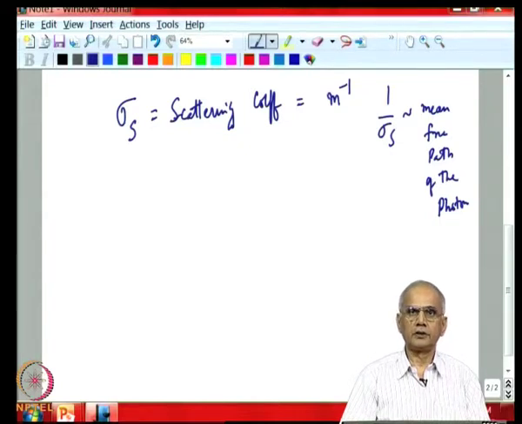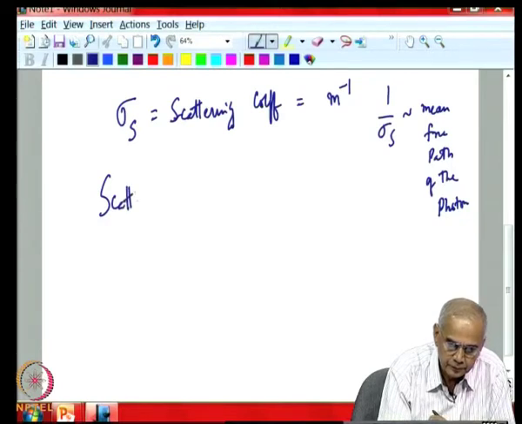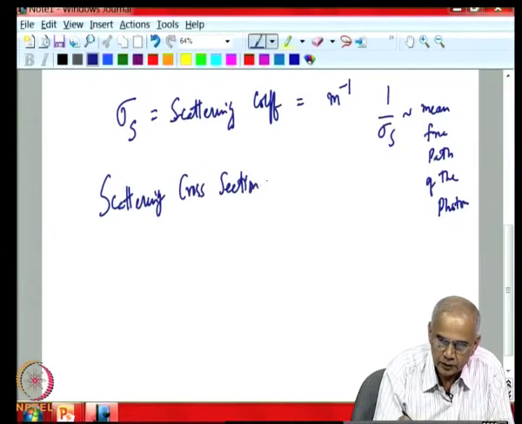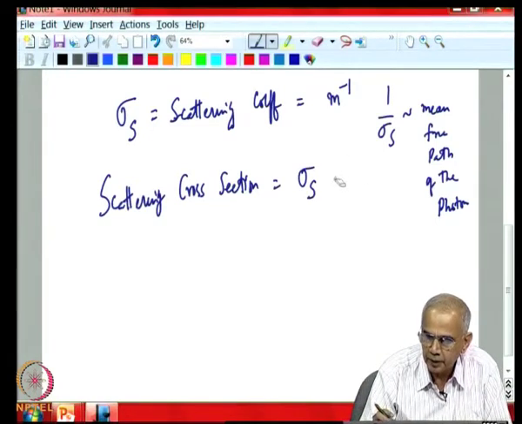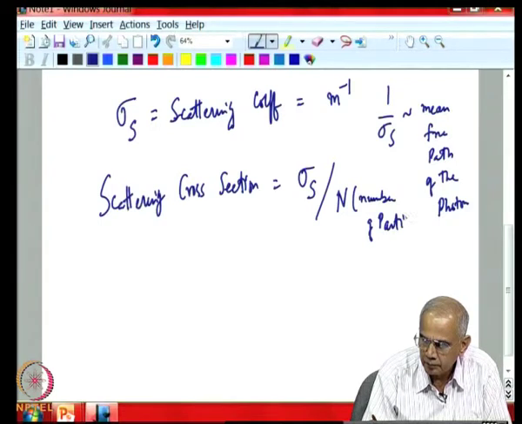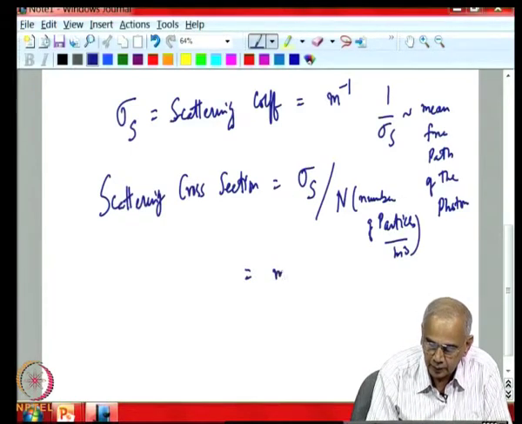There are, however, other definitions to measure the scattering, and the one that is commonly used is the scattering cross section, which is nothing but sigma s divided by the number of particles per meter cube. So, this has units of meter squared.